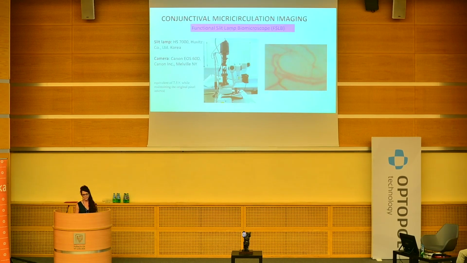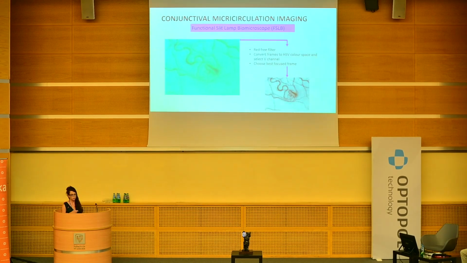In this case, in order to take images of the conjunctiva, we are actually taking small videos. We are going to use a very simple technique, a functional slit lamp biomicroscope, which is basically a slit lamp with a digital camera attached to it and a very fancy name.